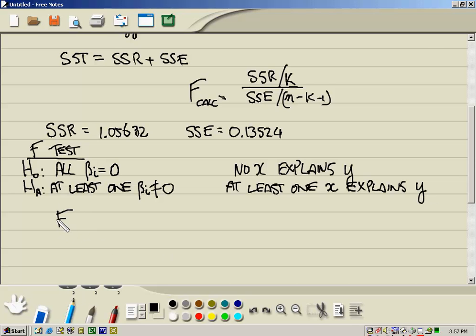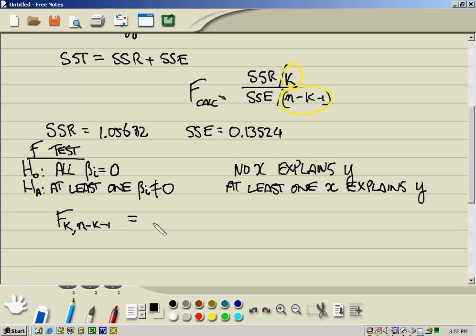Alright, then with any test that involves degrees of freedom, we have to now calculate the degrees of freedom. The F has 2 degrees of freedom. It has k degrees of freedom for the top line and n minus k minus 1 degrees of freedom in the bottom line.